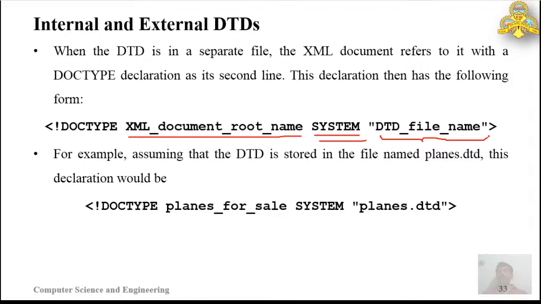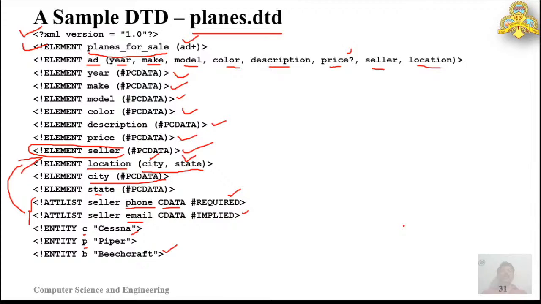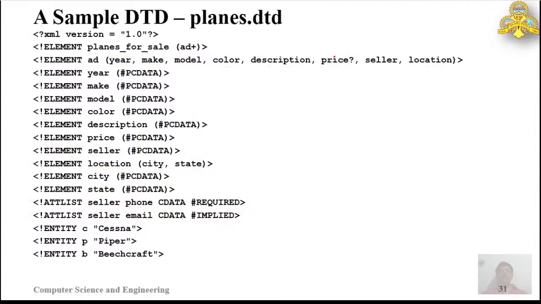For example, here is DOCTYPE, planes for sale is the root element name, SYSTEM is the keyword, and planes.dtd is the name of the DTD file. The planes.dtd we already saw in the previous slide. Let's go back once again. So this is planes.dtd. The same information is used in planes.xml.